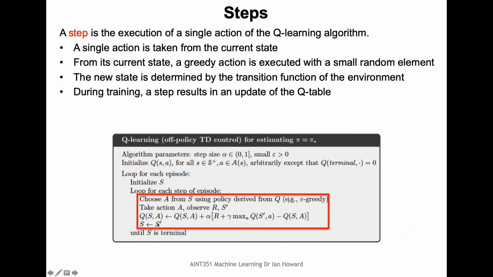So that's what this part does: for one particular step in the episode, we choose an action from the current state using the policy we're going to use, which could be epsilon greedy. We look at the reward, we look at the next state, and we then update. So that update runs state by state.